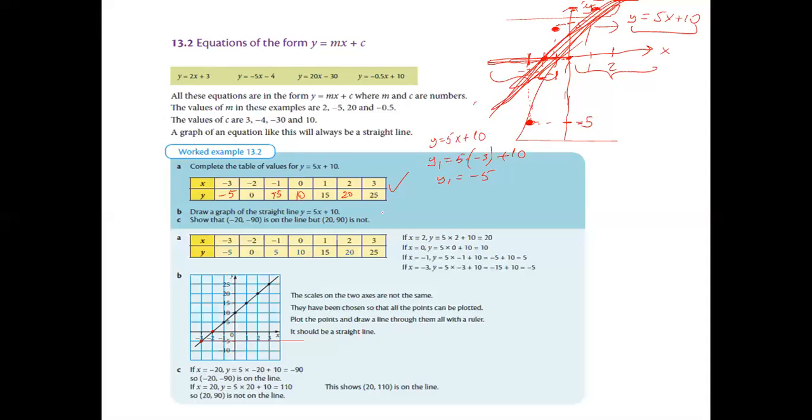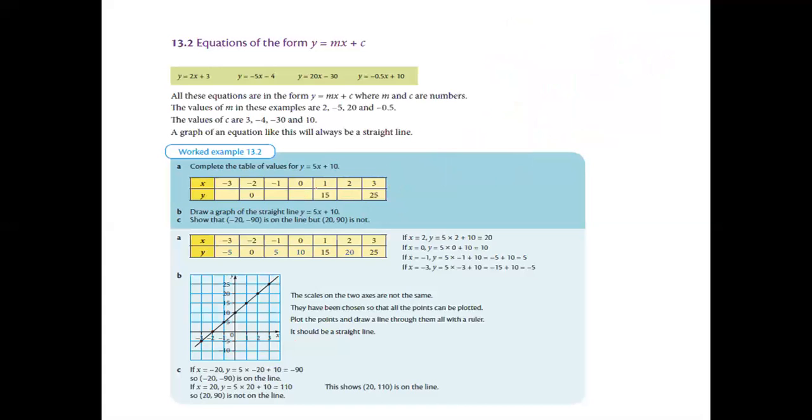Okay, and let's see the last question. Show that minus 20 and minus 90 is on the line, but plus 20 and plus 90 is not. Let's prove it. Let's show it. So for example, we have two values of the coordinates, and the first one is minus 20 and the second one is minus 90.